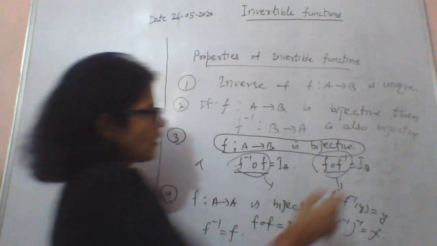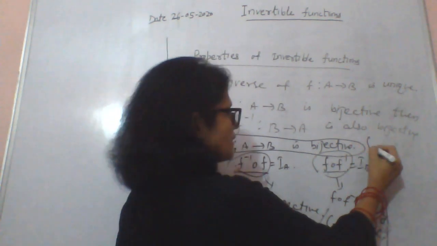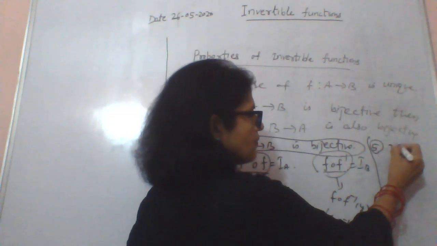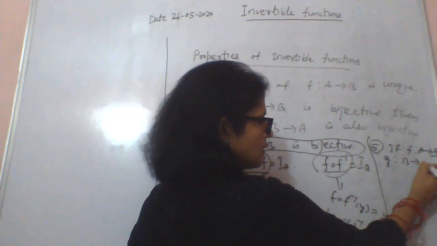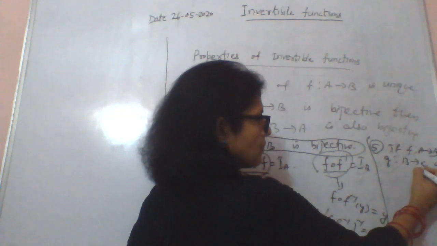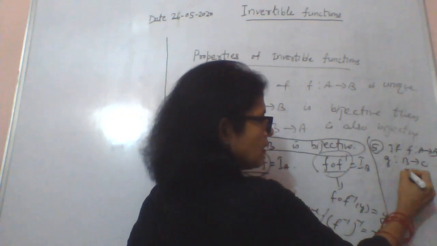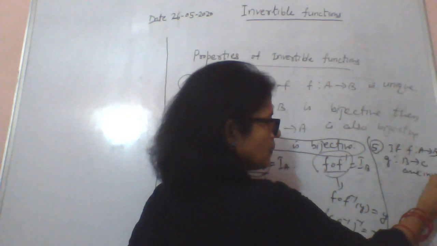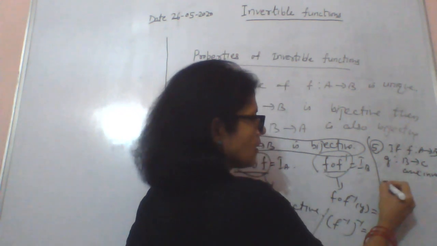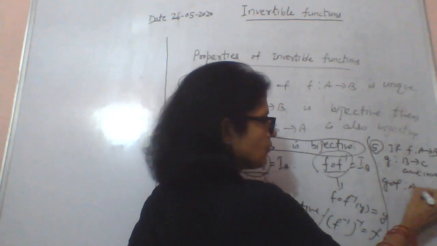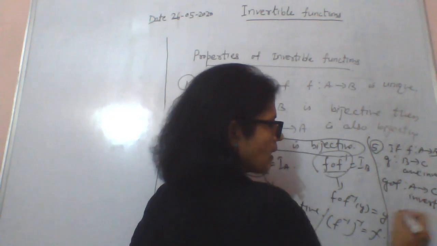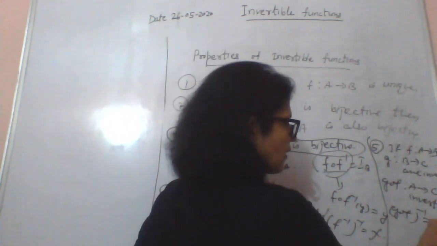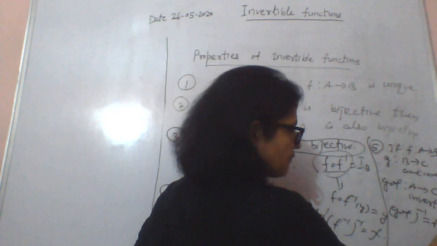And the last, fifth property: if f from A to B and g from B to C are invertible, then g of f from A to C is invertible, and the inverse of g of f equals f inverse of g inverse.